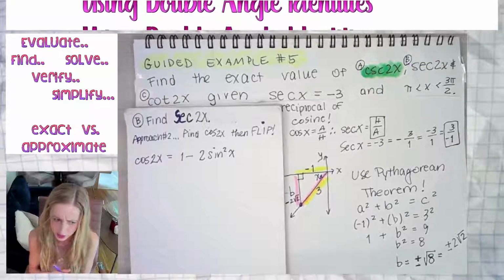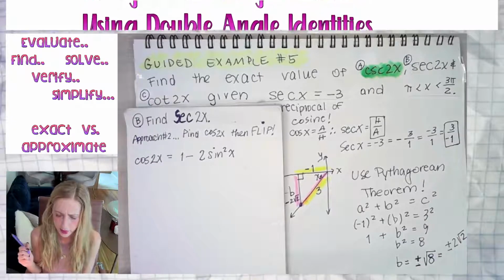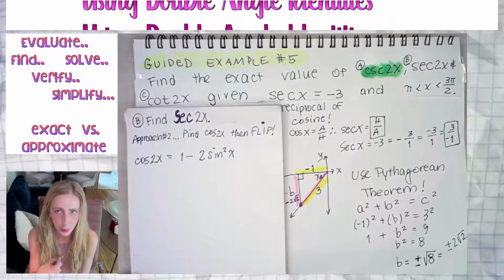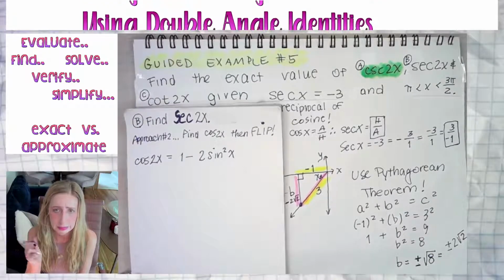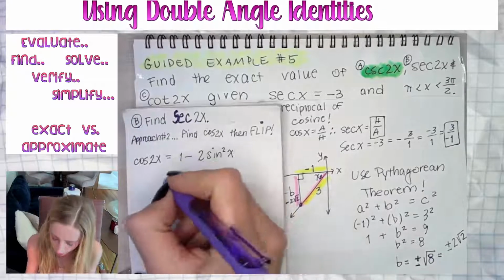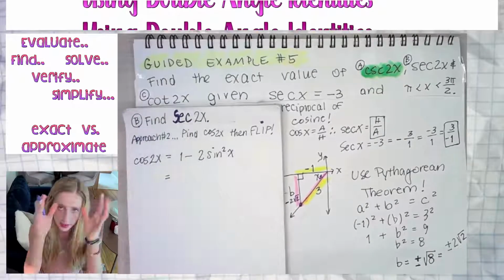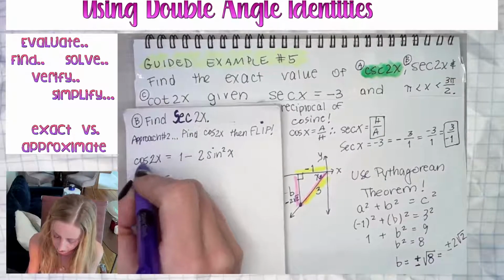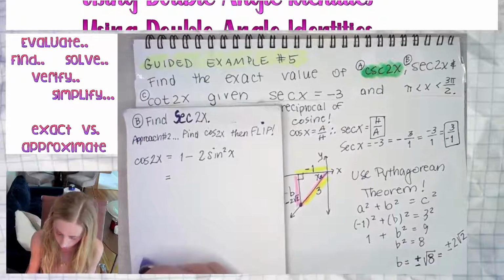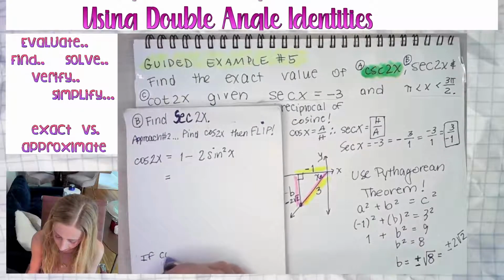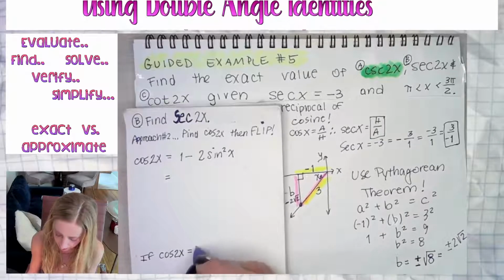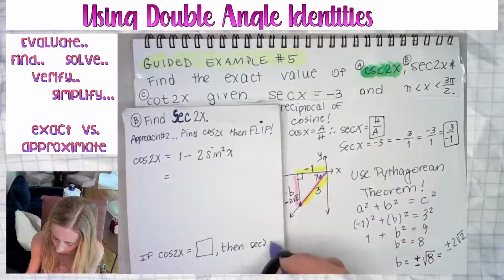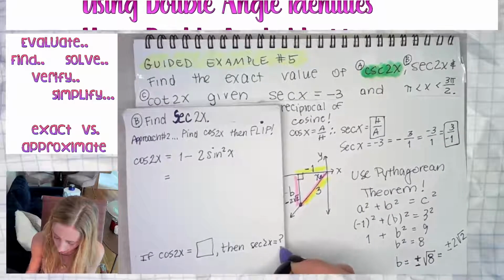The other way I did vertically, and now I'm going to use some equal signs as I go, because I want to remember this is what I'm finding. At the bottom, I'm going to put a little note: if cosine 2x equals blank, then secant 2x equals what?